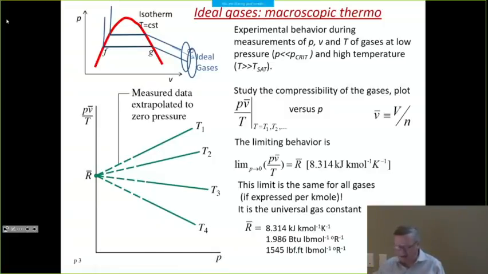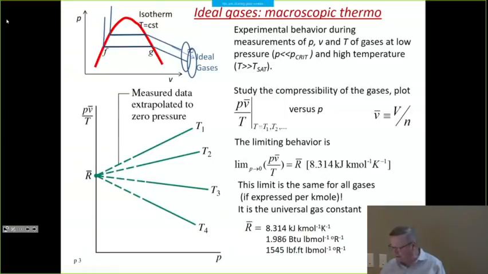And for various gases, we obtain these straight lines which, for all gases, seem to extrapolate to one and the same value. This value is R bar. This value, in the limiting case of zero pressure, is 8.3 kilojoules per kilomole per Kelvin. The same for all gases.